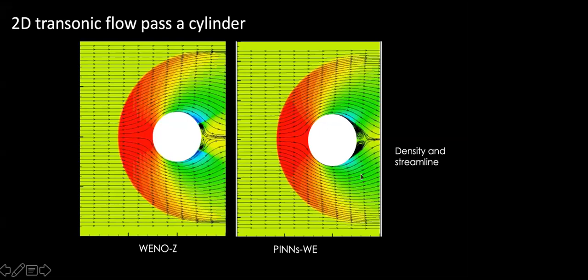Oh, it cannot be Euler because you have vortices. So then maybe artificial viscosity. In the background, you have separation. You cannot have separation if it's Euler, so it's maybe the artificial viscosity.